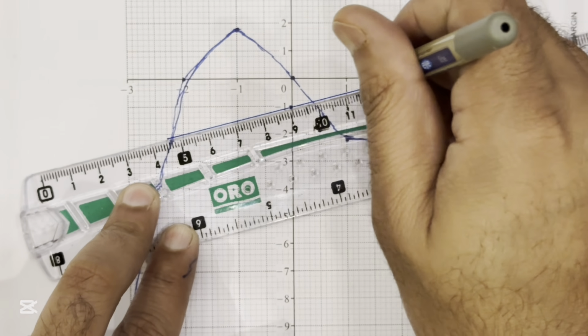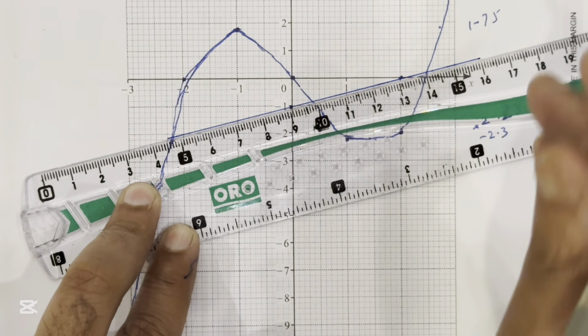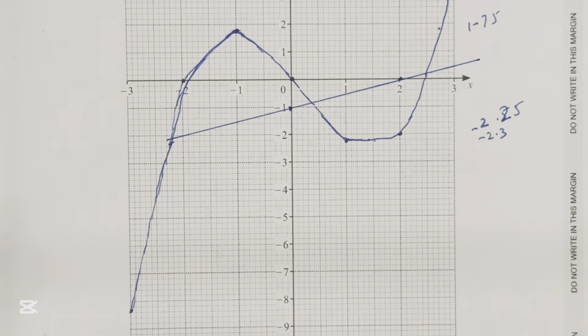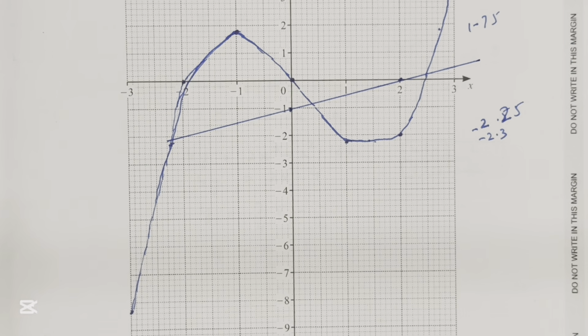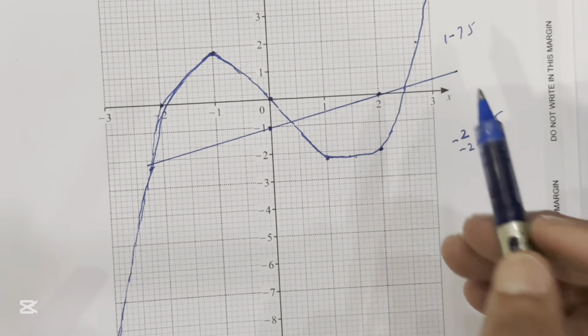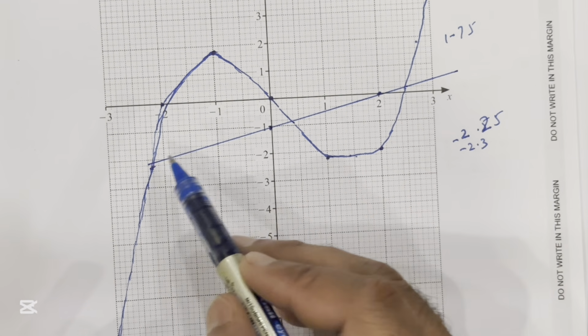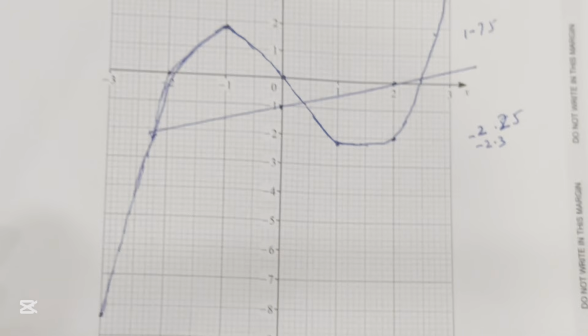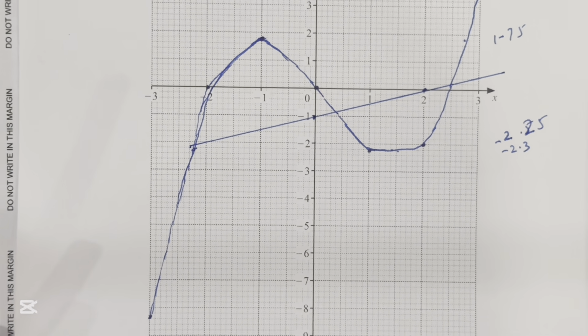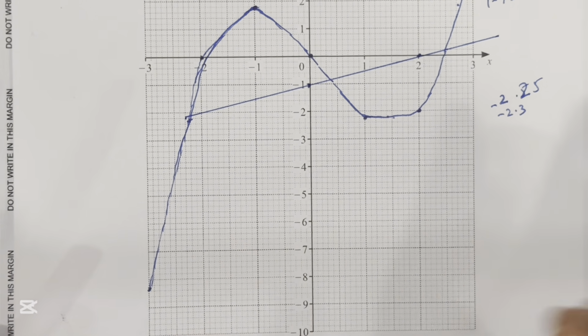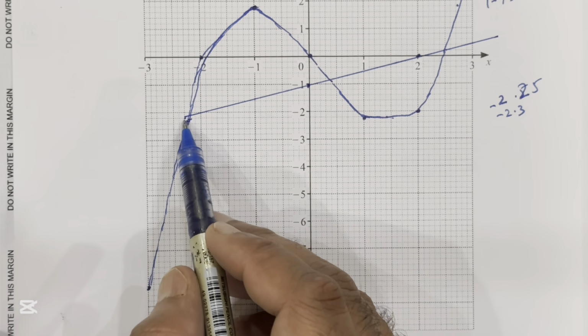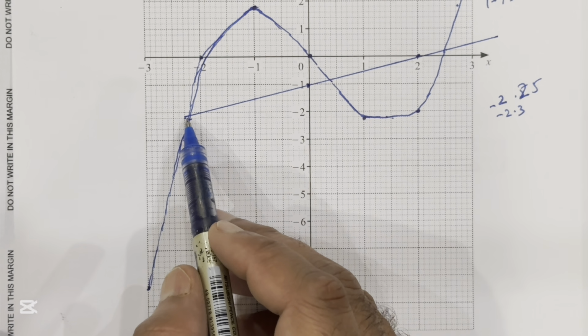So this is the answer. Now x should have 3 values because it is touching our first graph at 3 points, 1, 2 and 3. So the first point over here is the third point.